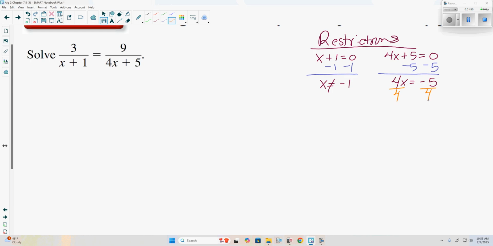Divide by 4, telling us that if x is equal to negative 5/4, we'd have a denominator of 0. That does not work. So this has told us the two solutions we cannot get. If we get one of them, we have to throw it out. It does not work, and it would be called an extraneous solution.